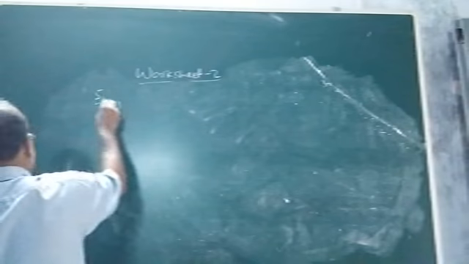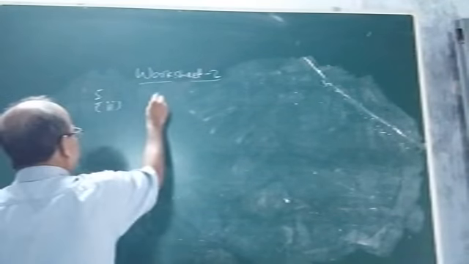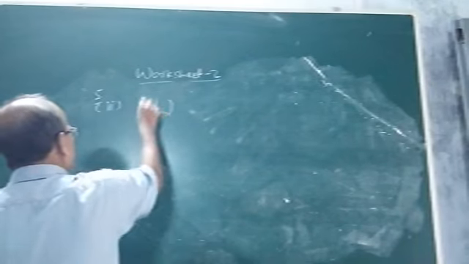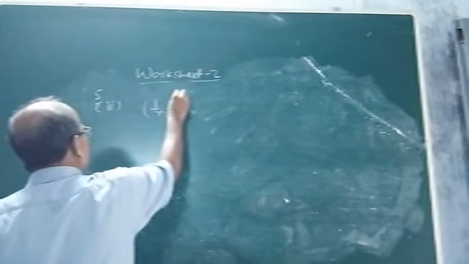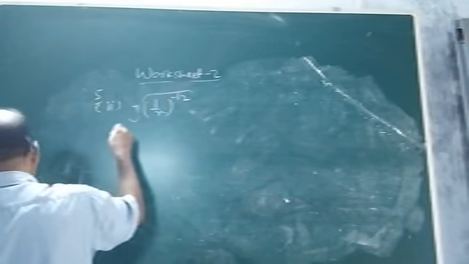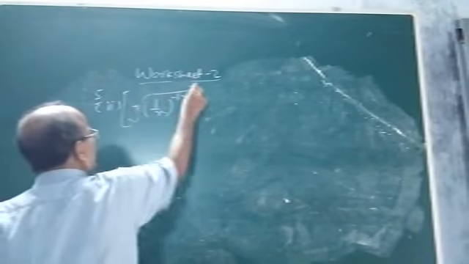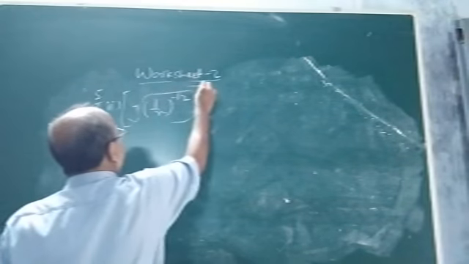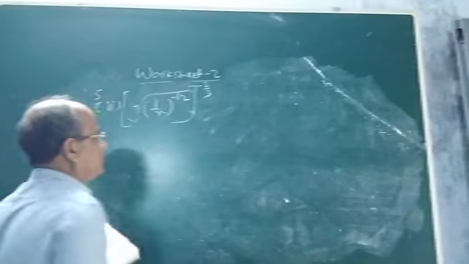The second bit question is like this: (1 by x to the power minus 12, this is the 4th root) again whole to the power minus 2 by 3. See, what is the question?